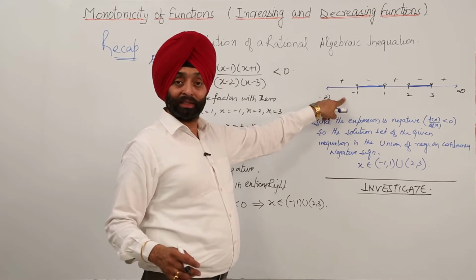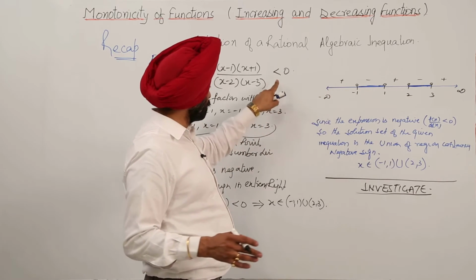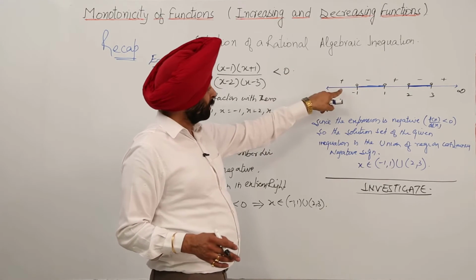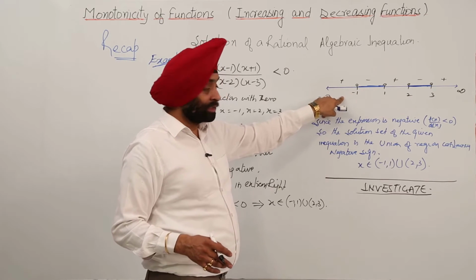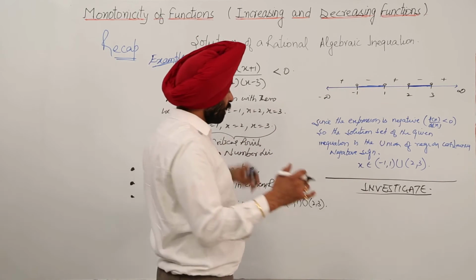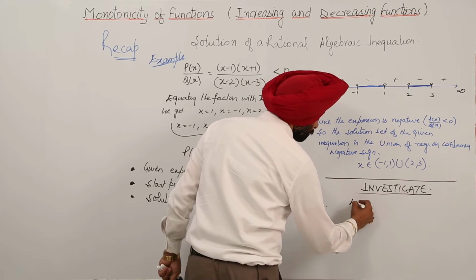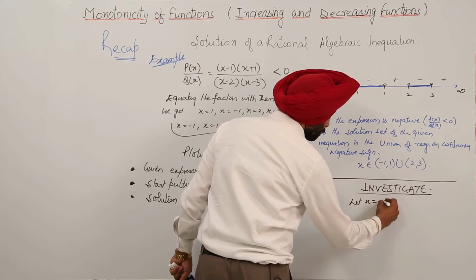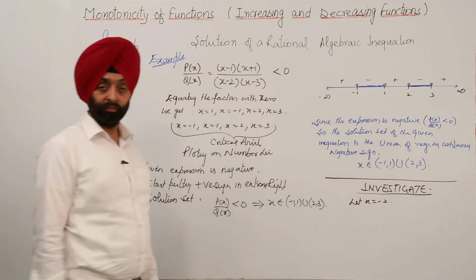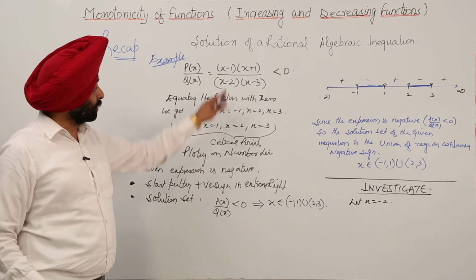This region is for less than minus 1. Okay, because expression is for less than 0. Now according to the number line, this is less than minus 1. So now let x is equal to minus 2. Okay, now put minus 2 here.